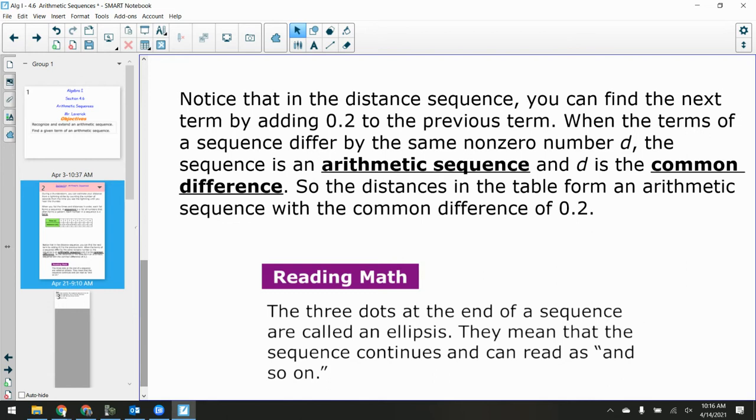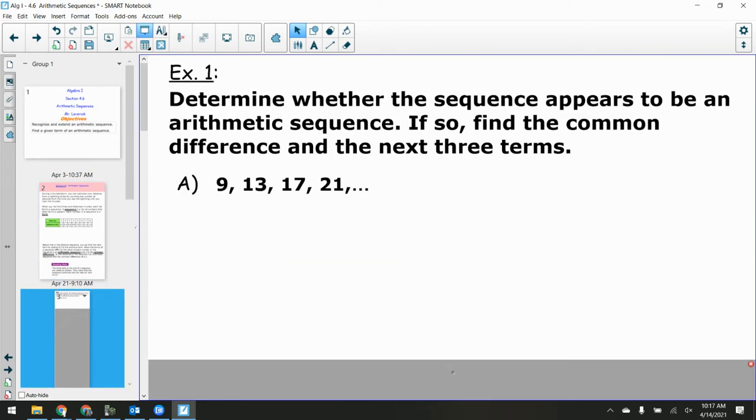You're going to hear me refer to something as the d value. That's the thing that keeps getting added or subtracted. So my common difference above would have been 0.2. Remember the 3 dots on the end of a sequence means that pattern will keep repeating forever and ever, infinite.